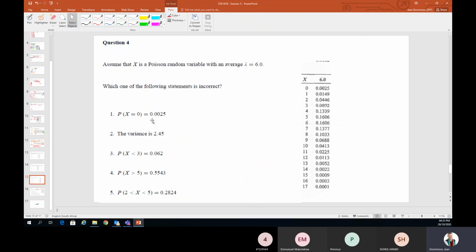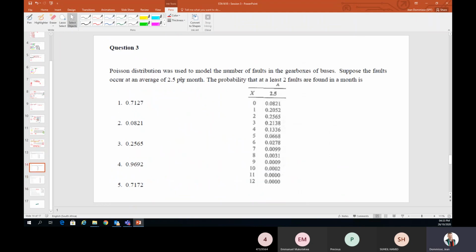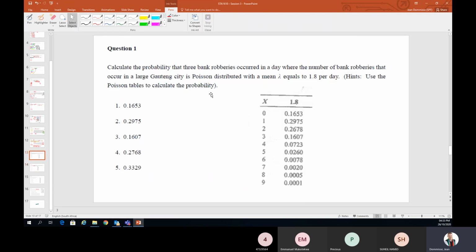So if I don't tell you it is Poisson, there will always be a time. Here they even say it's Poisson, but there is a timeline associated with it. That is nearly a way of identifying that it is Poisson.